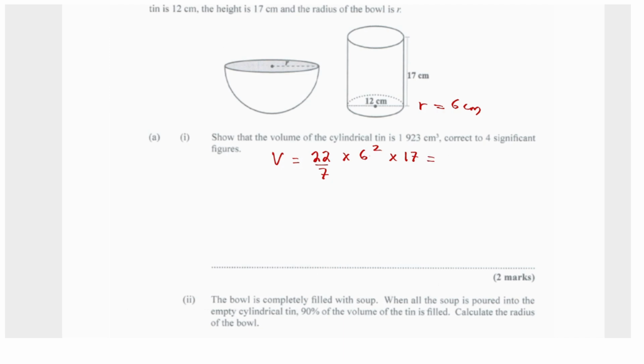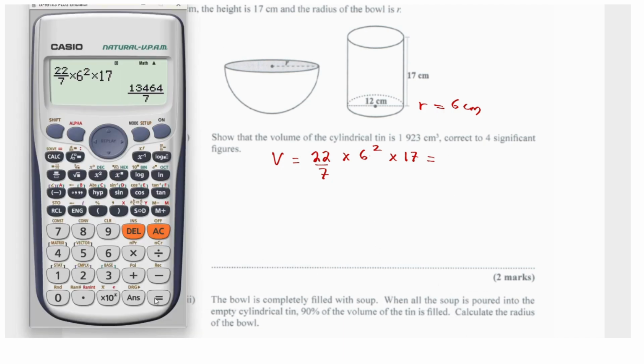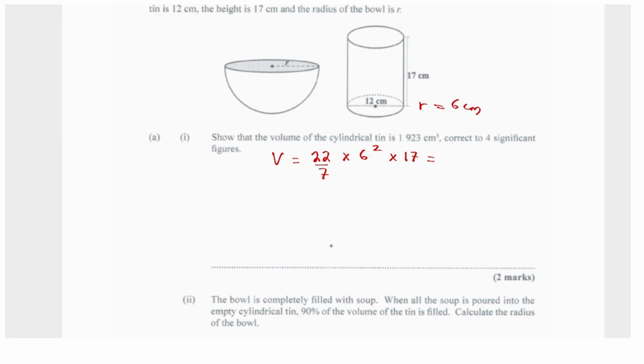Let's get our calculator and work this out. So to 4 significant figures, we get 1923 as required. So we get 1923 centimeters cubed, to 4 significant figures.